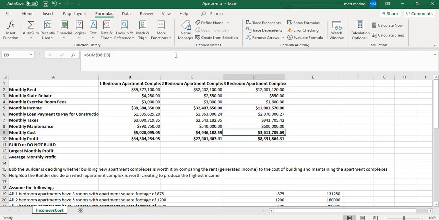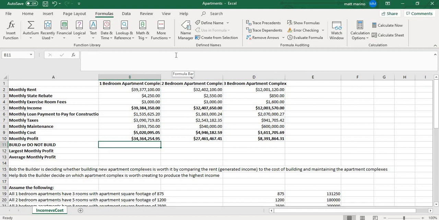Once you hit enter, you have your accurate information. So now we've computed our monthly cost and our monthly income. You'll then notice in the formula already provided for you, the monthly profit subtracts your monthly cost from your monthly income. In all instances, we have a great deal of profit provided to us.